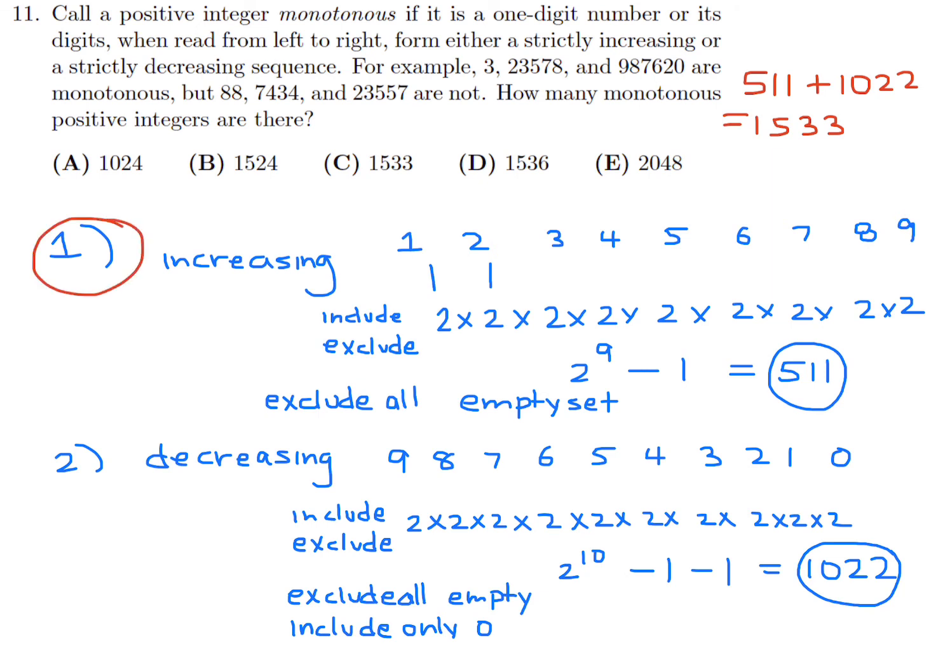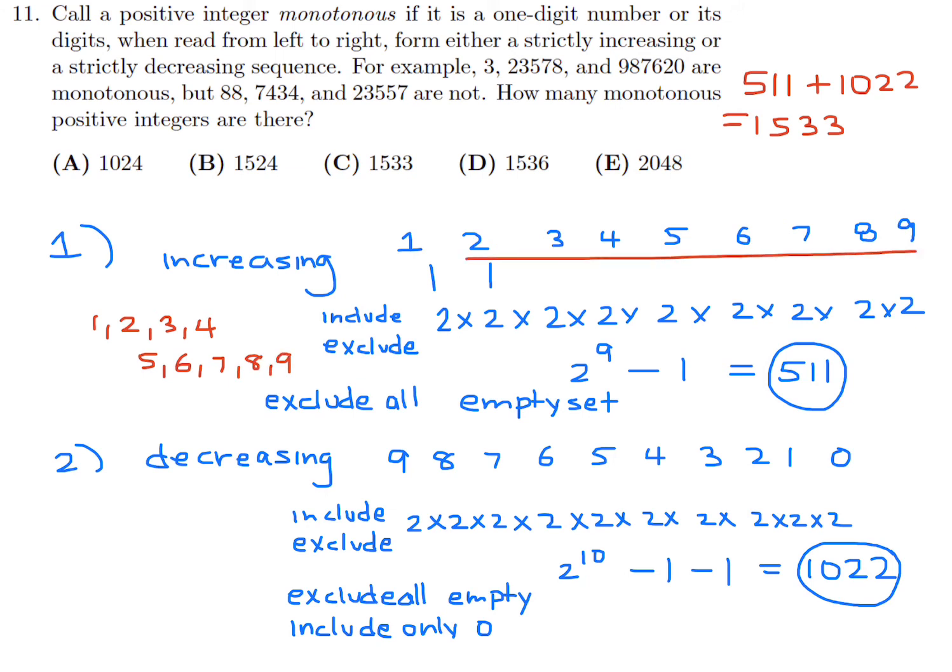In part 1, we included all the single digits, all the one-digit numbers. Some of those outcomes would be 1 or 2 or 3 or 4 and so on. For example, if you excluded everything but kept the 1, it would give you a 1. If you excluded everything but included the 2, it would give you a 2.